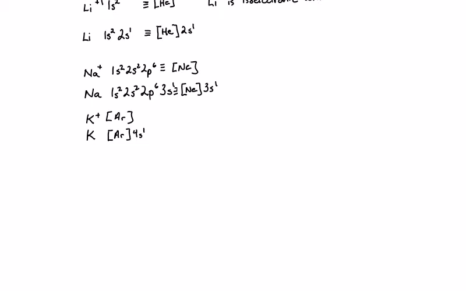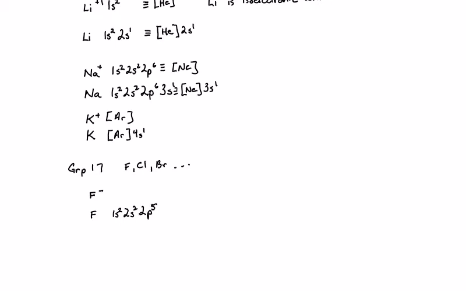We see the same thing happening on the other side of the periodic table. So if you consider group 17, group 17 is where we have all of our halides. So fluorine, chlorine, then we go to bromine, and then iodine, etc. Now fluorine, we know, is commonly going to take on a negative charge. If we look at the electronic configuration for fluorine, it's 1s2, 2s2, 2p5.